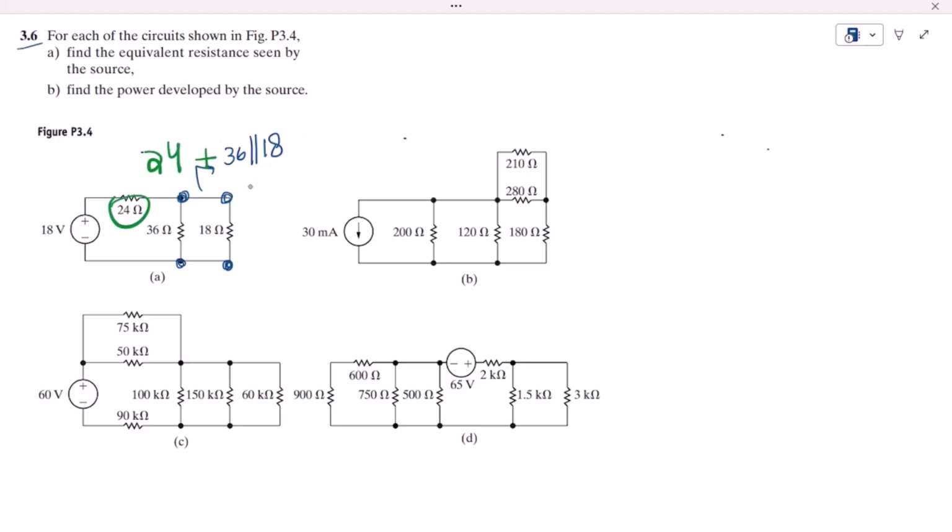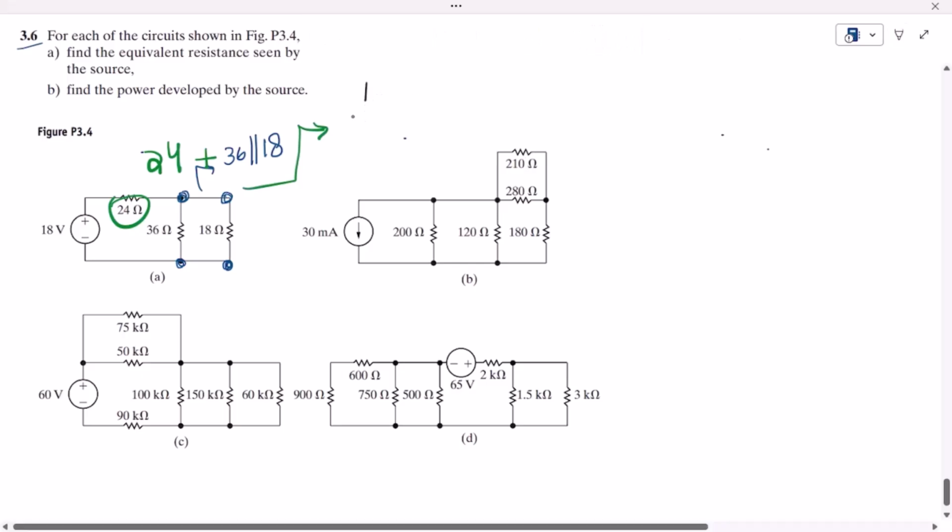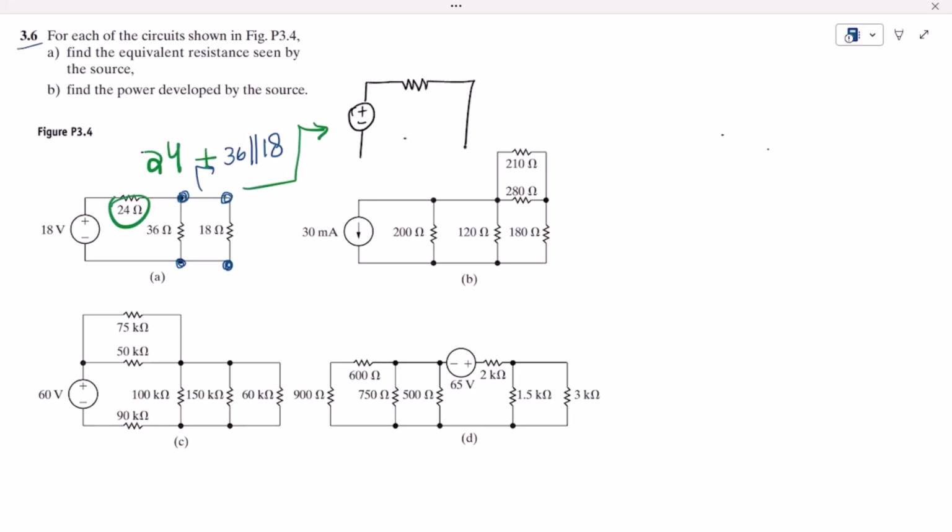So what will be the output here? The output circuit here, I am going to draw with this color. So the output circuit will be plus minus, here it will be this R equivalent, and this is 18 volts. The R equivalent resistance is 24 plus 36 in parallel with 18, because this equivalent will be in series.